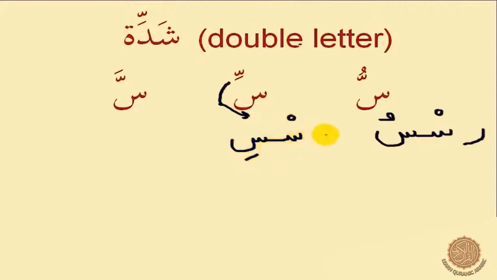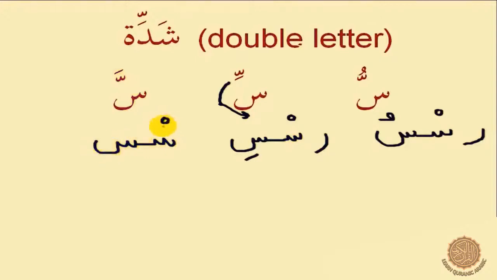So if you put the ra once again, it would be pronounced as Rassi. Rassi. Notice how I give emphasis to the seen. It's the doubling of the letter. Not Resi, Rassi.